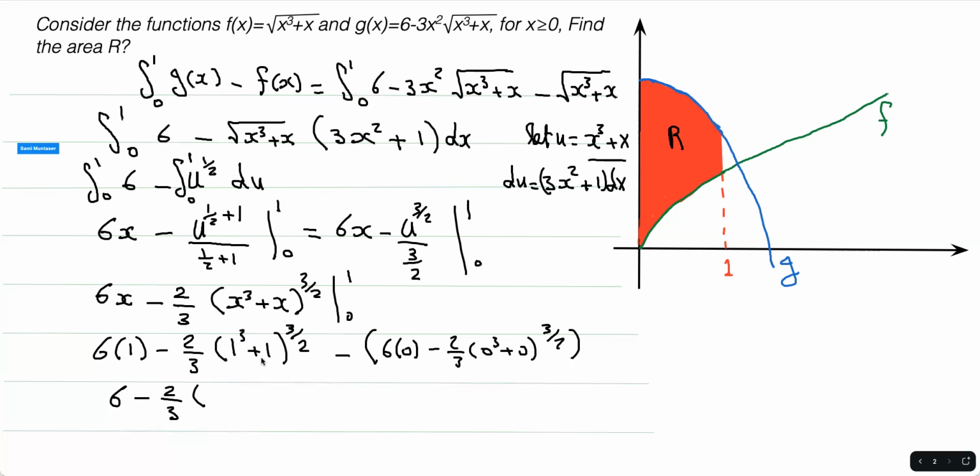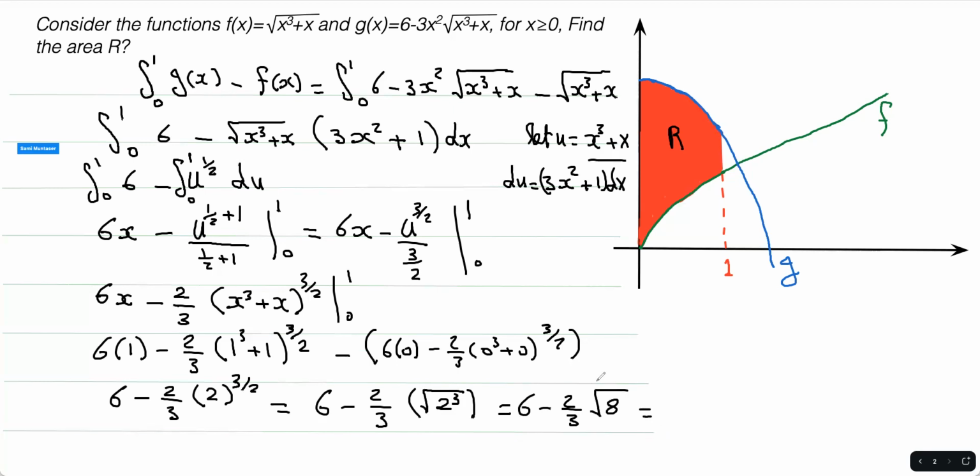So 1 cubed is 1, plus 1 is 2, to the power of 3/2, which is basically the square root of 2 to the power of 3. So we're going to get the square root of 2 to the 3, which equals 6 minus 2/3 square root of 8.